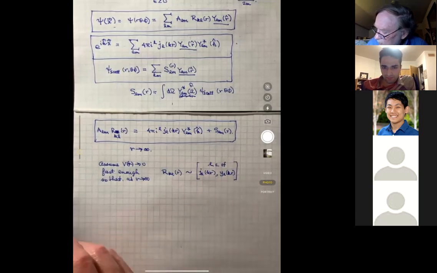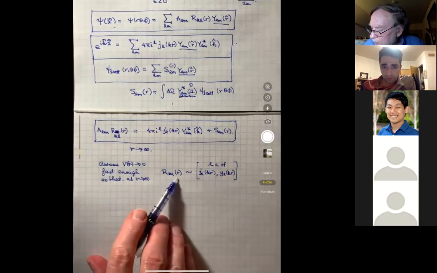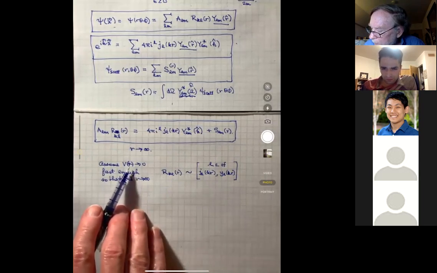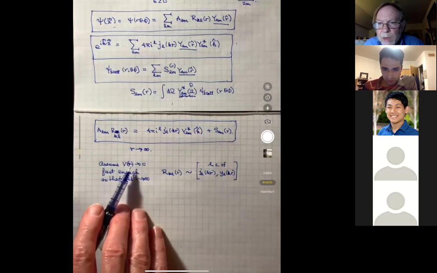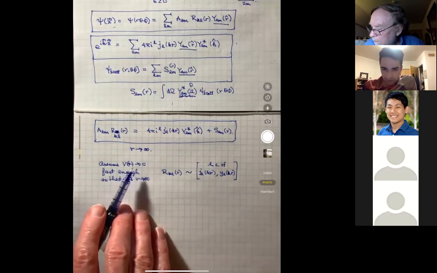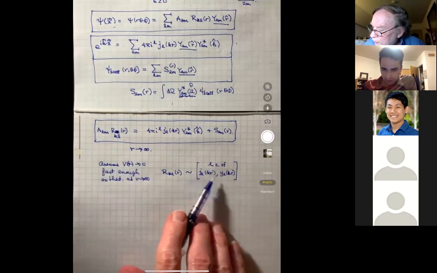All right. Now, the j_L and y_L at large radii fall off like 1 over r. So in effect, what this statement is saying is that we're going to assume that V dies off rapidly enough so that whatever corrections it makes at some large radius r, they don't affect the leading term here.